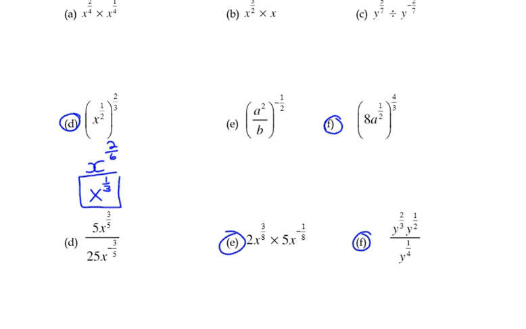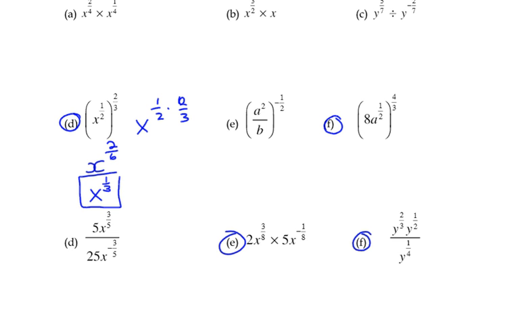Always reduce our fractions. Power to a power, we multiply. So if we did half and then times 2/3. And then furthermore, we could even take it to a radical if you want, changing it to cubic root of x. Yeah, you're right. Okay, this guy.